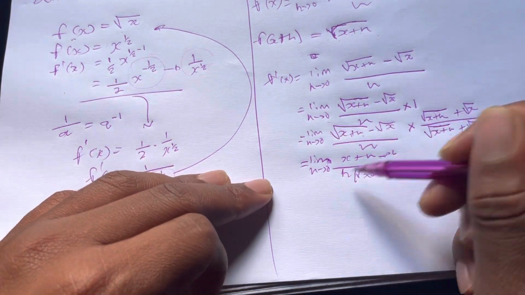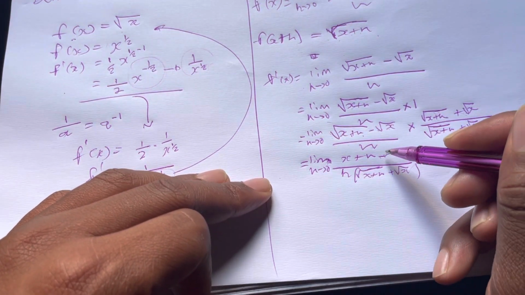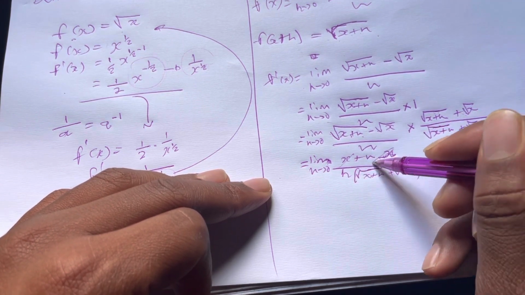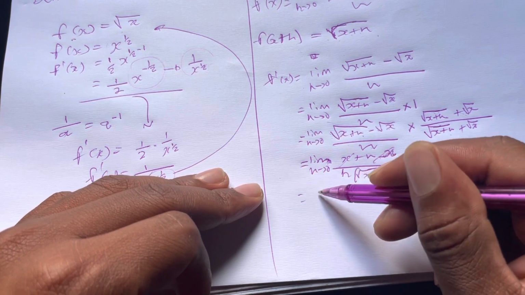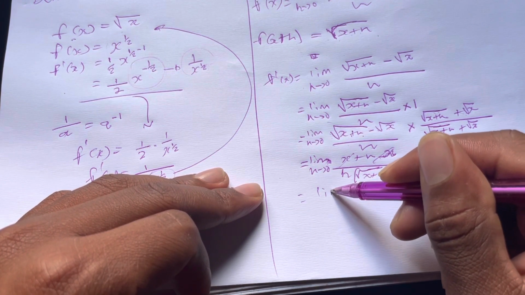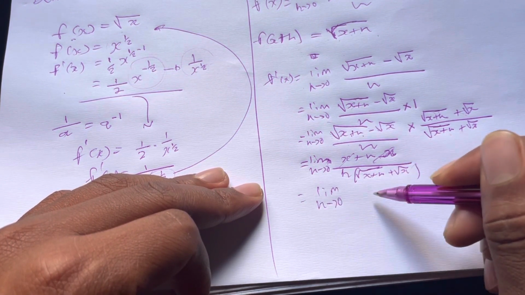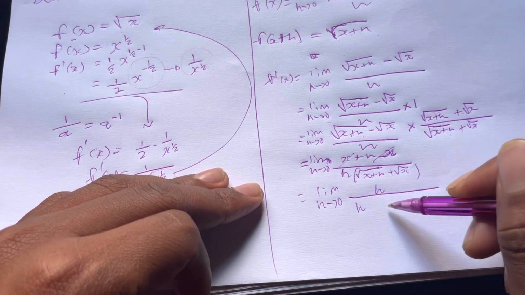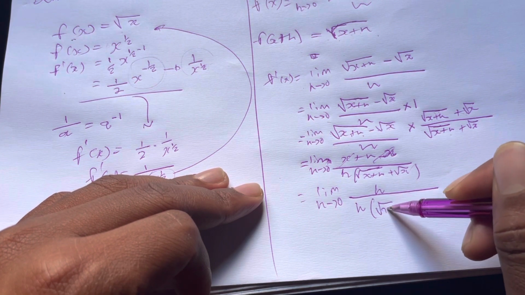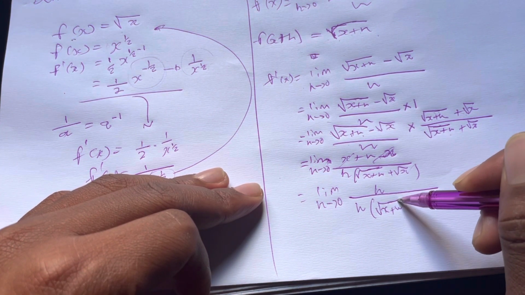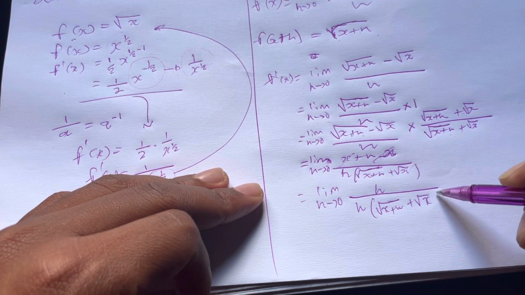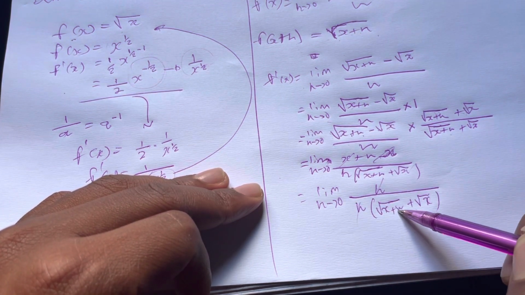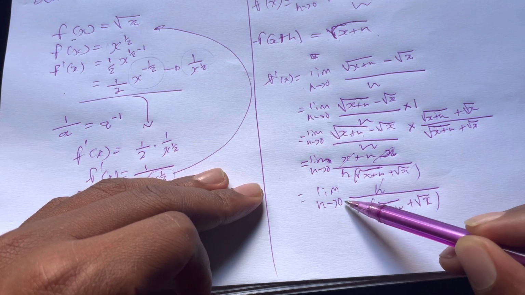Now, when you have this, you'll see that there is x, right? This x minus x will go, so you're remaining with limit as h approaches 0 of h over h into square root of x plus h plus square root of x. So h and h reduce to 1, and then now this h can become 0.